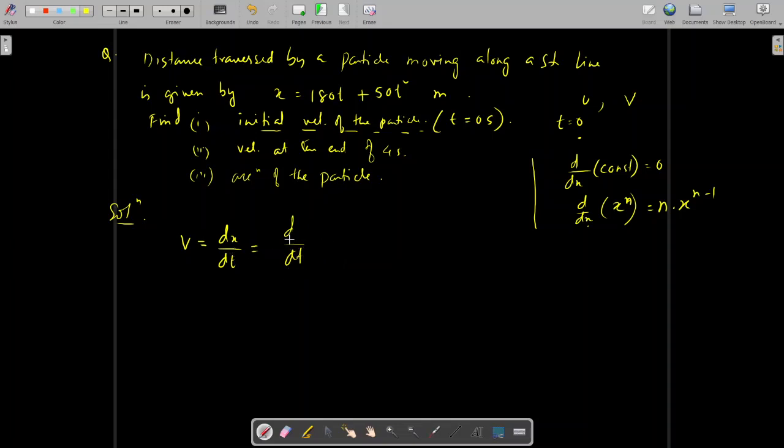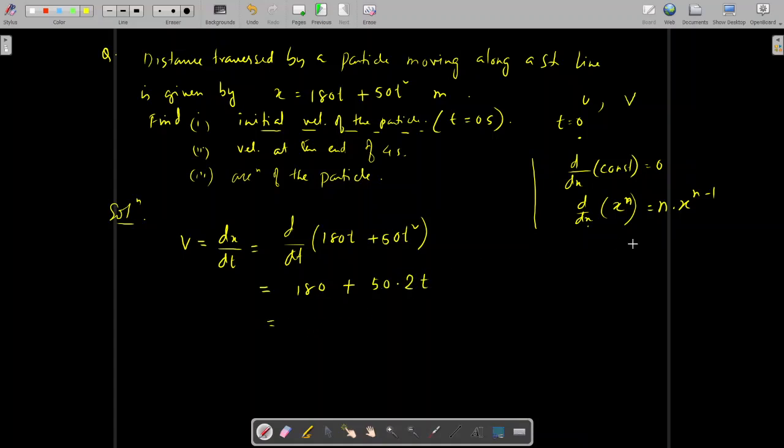So d/dt of what is the value of x in terms of t: 180t plus 50t square. So what do you get here? 180 plus 50 into 2t.